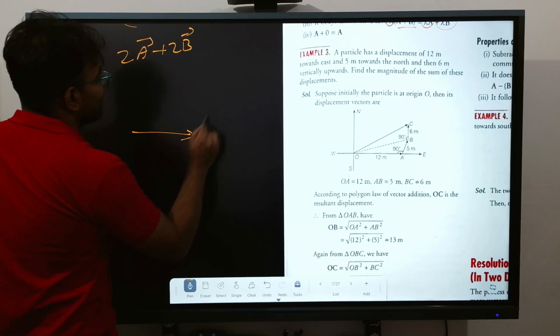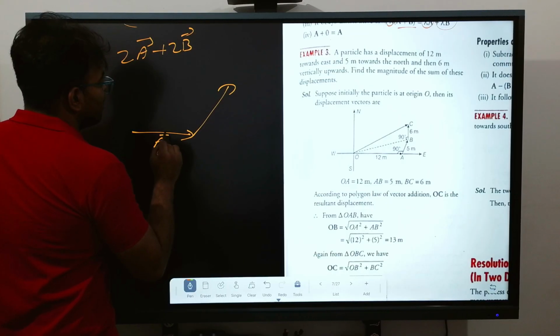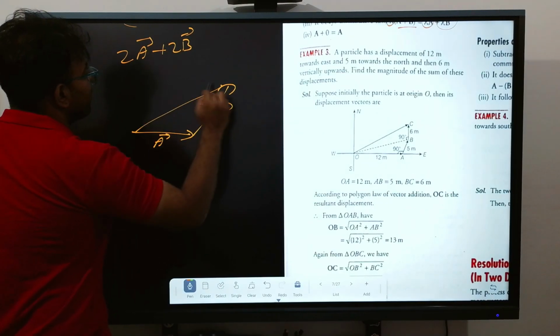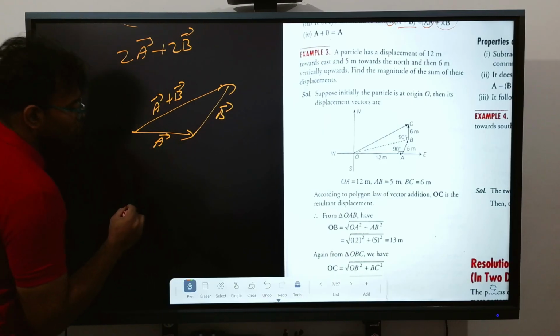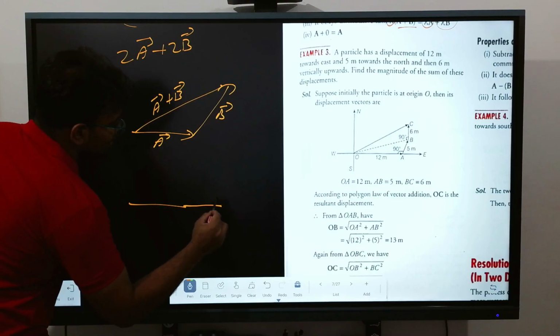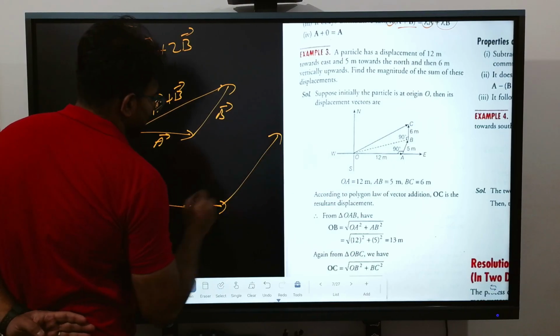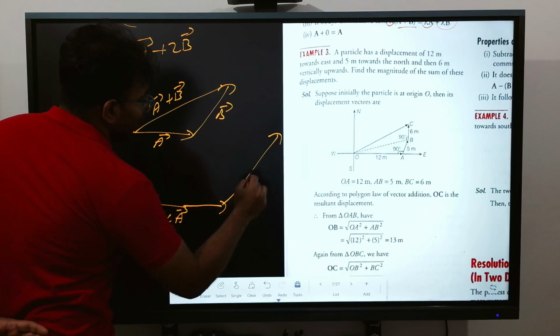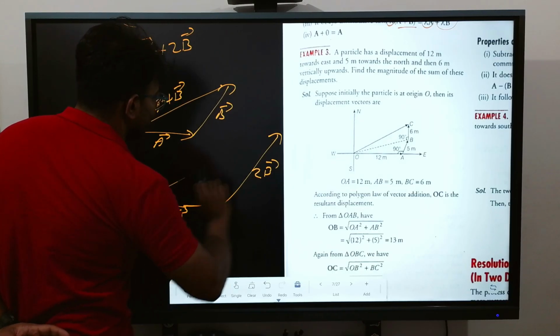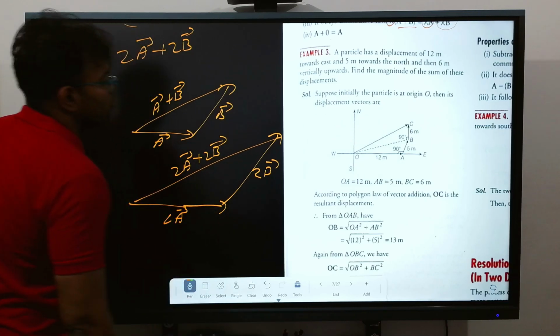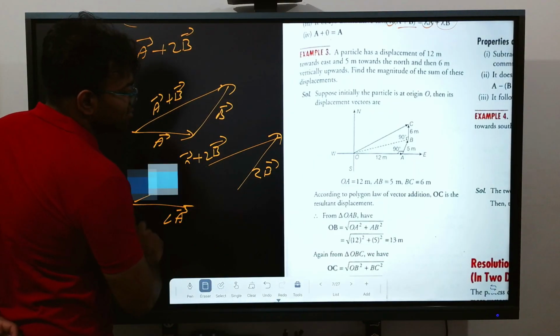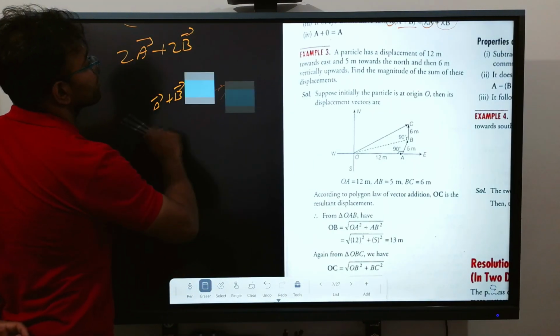If this is A vector and this is B vector, then this will become A vector plus B vector. So if you have 2A vector like this, and this is 2B vector, this becomes 2A vector plus 2B vector. So basically this follows the distributive logic too.